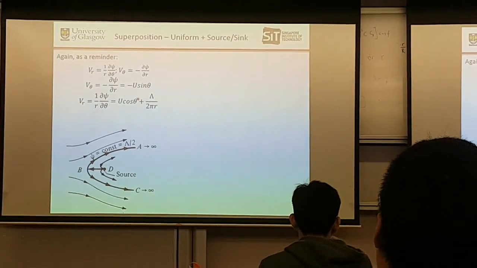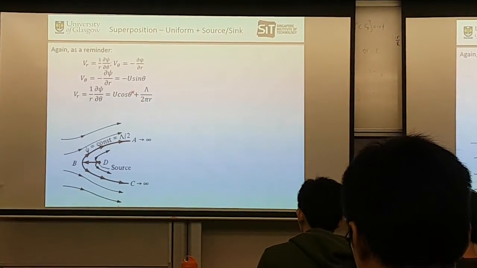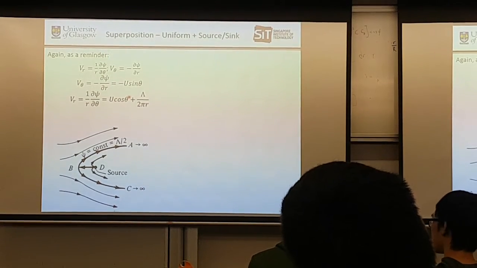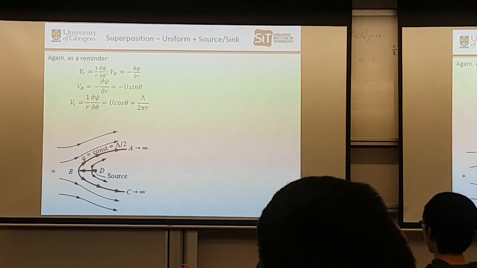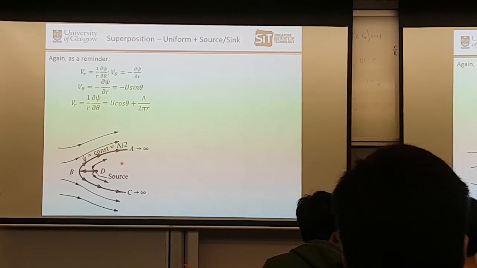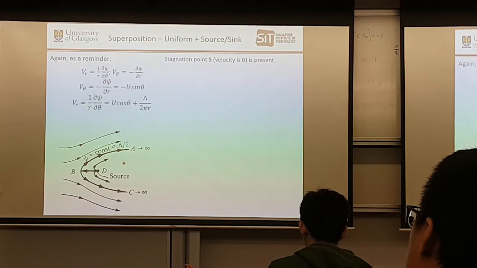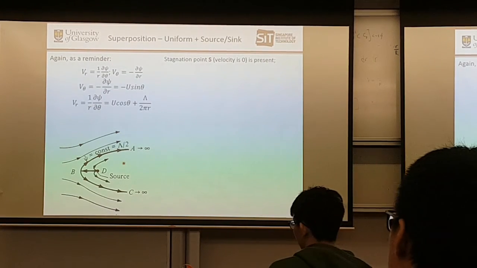So what does this mean to us? If I do a little bit of analysis here, which I think is quite helpful for your lab, so please listen. Whenever a flow hits against something, there's always a stagnation point. A stagnation point is always where velocity equals 0.